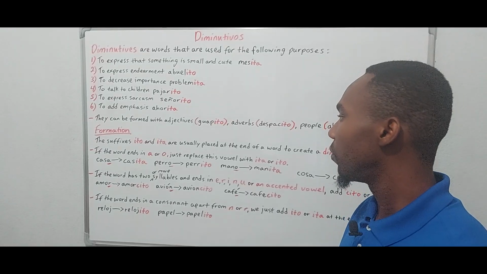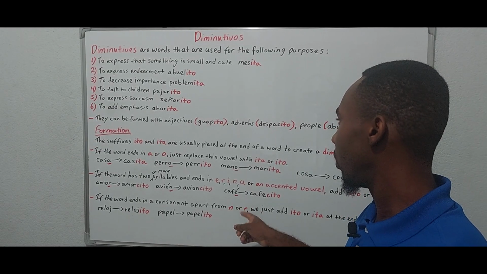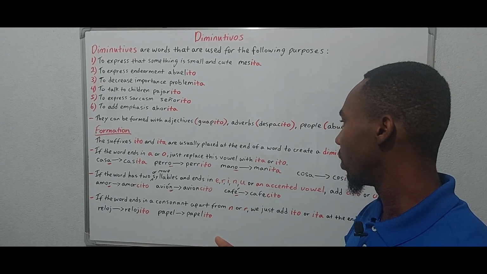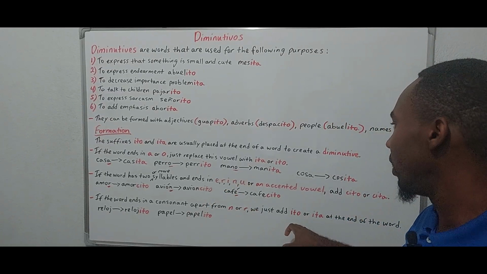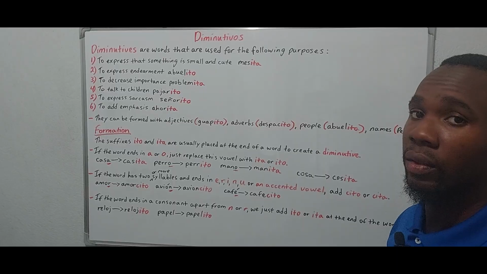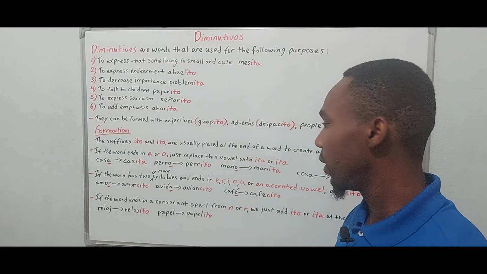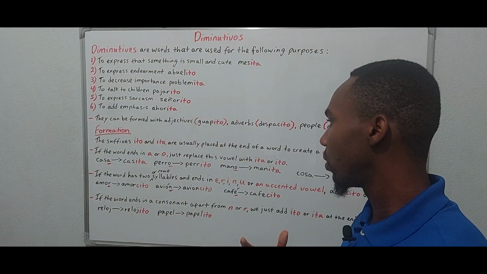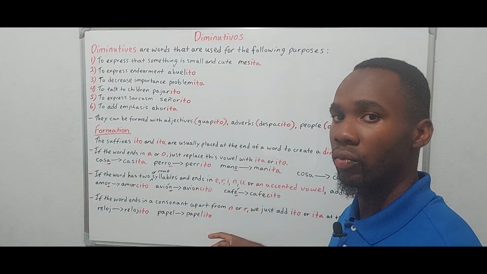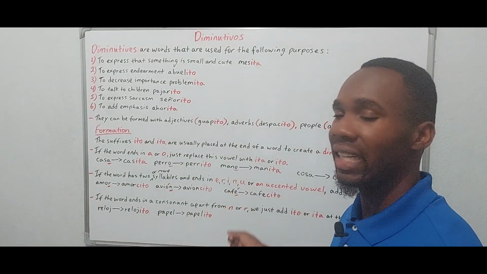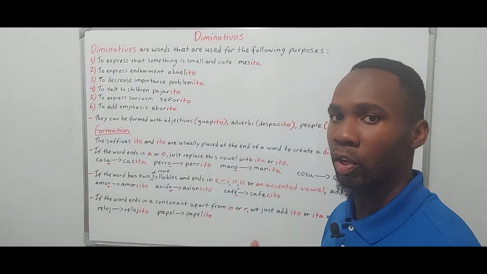Next rule: if the word ends in a consonant apart from N or R, so any other consonant apart from these two, we just add ito or ita at the end of the word, okay? So for example, reloj, that's clock or watch.